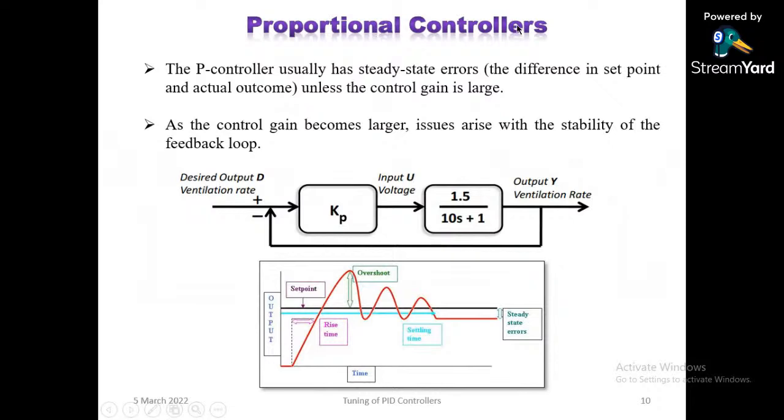Proportional controller. The P controller usually has a steady state error, meaning it will not give you exactly zero steady state error. As the control gain becomes larger, as you keep increasing Kp, issues will arise regarding stability. Because I told you earlier, you cannot increase the proportional gain beyond K marginal.